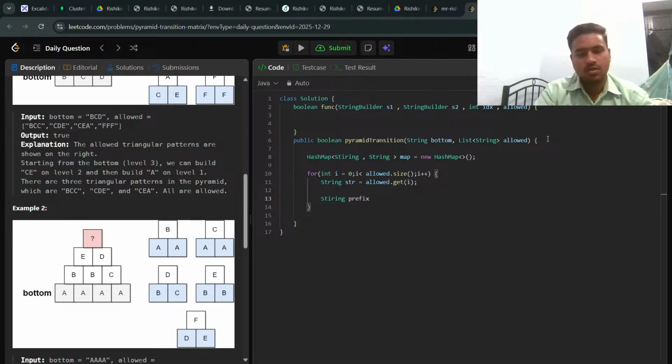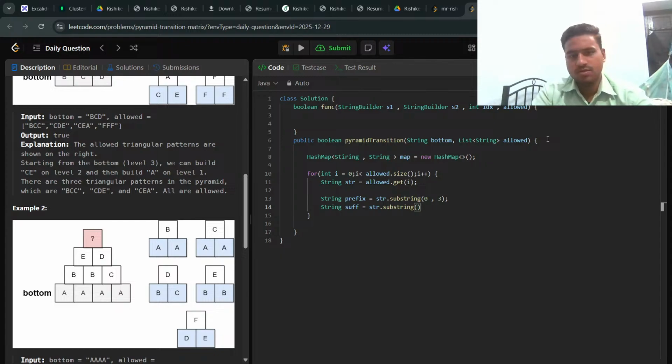Prefix is equal to string.substring(0, 2). And the last, suffix is equal to substring(2, 3).